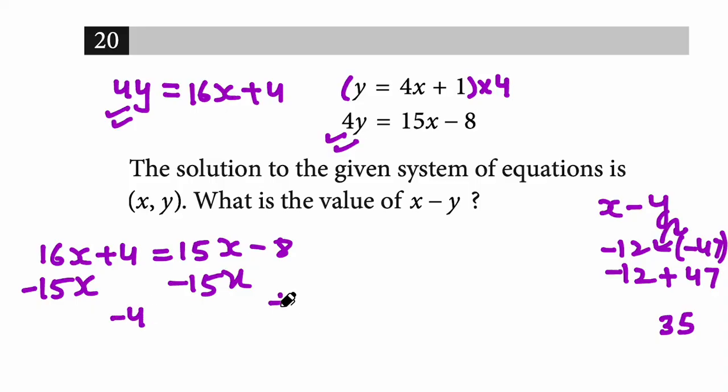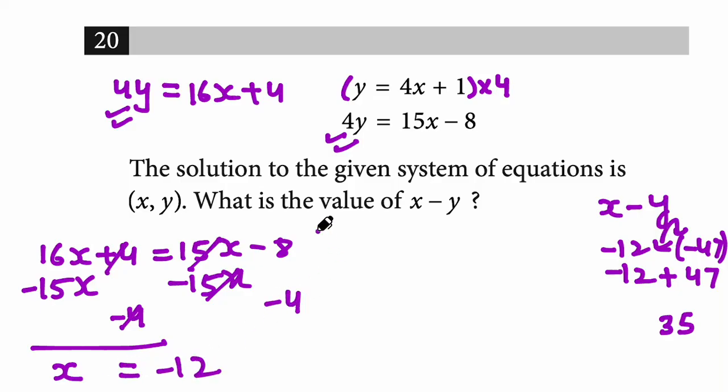This time I am trying to be a little bit quick because we have already solved this. So 16x minus 15x is x, and subtracting 4 from both sides, negative 4 and negative 4. So it becomes x is equal to negative 12.